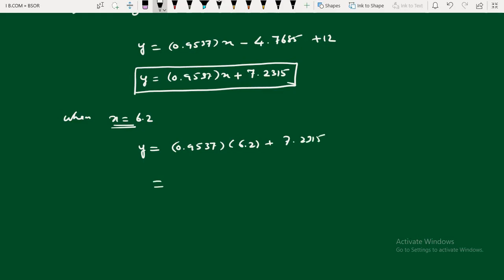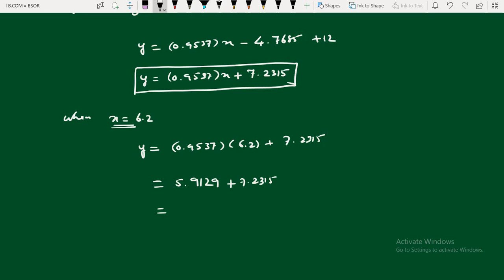Multiply 0.9537 into 6.2, we get 5.9129. Then add 7.2315.